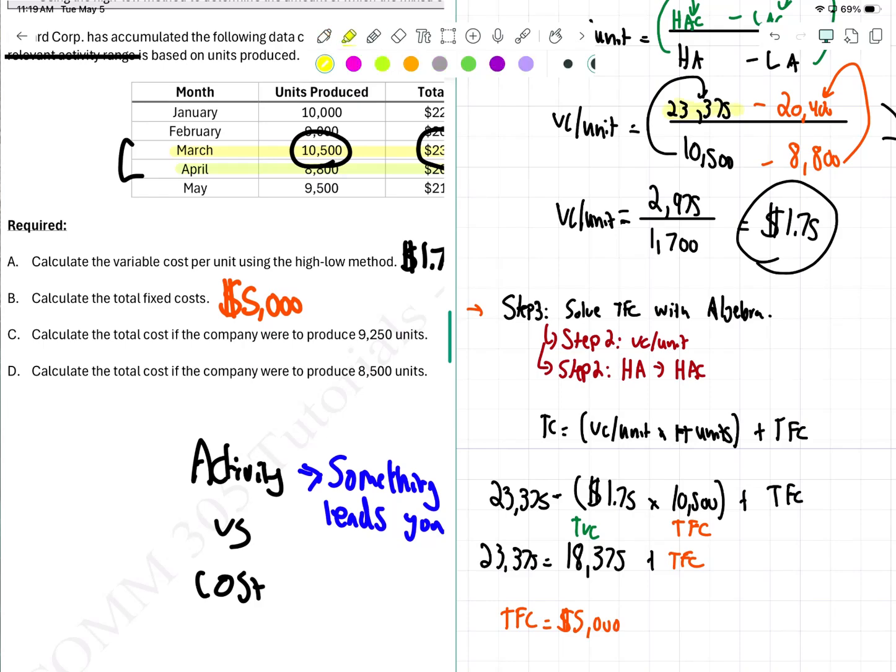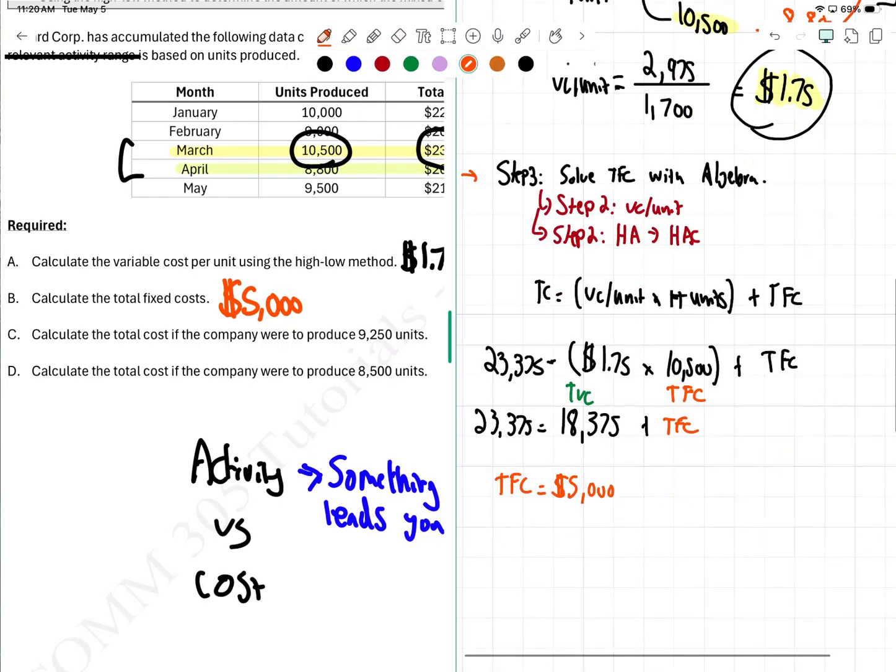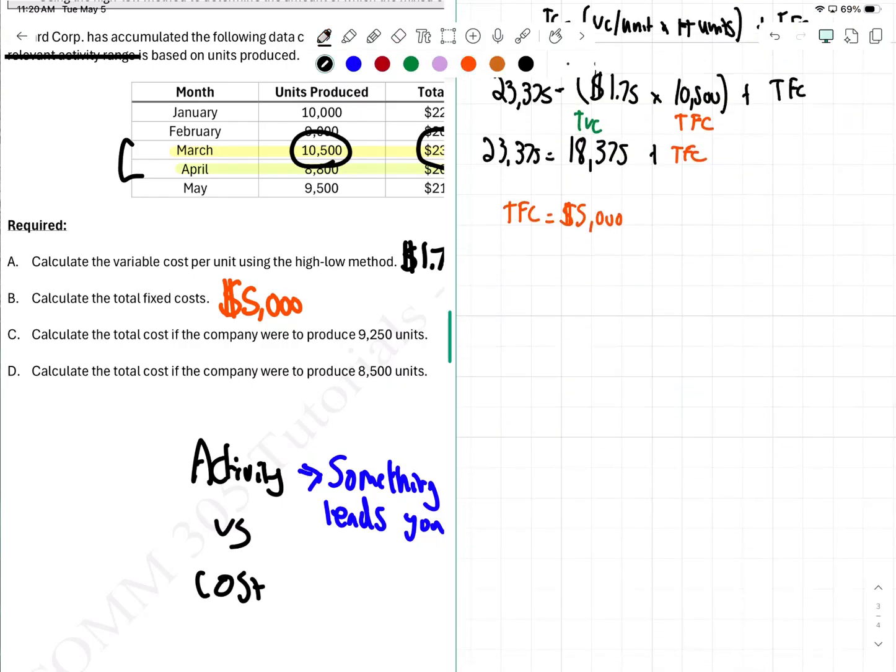So we have the highest activity, the highest activity cost, and our VC per unit. We have the number of units, the cost, and the VC per unit, so we have everything we need to figure out the fixed cost with basic algebra. And this is just an activity for you.